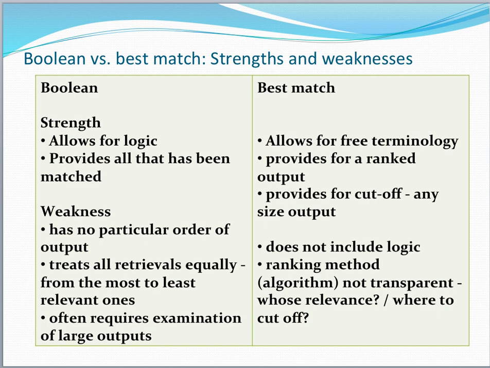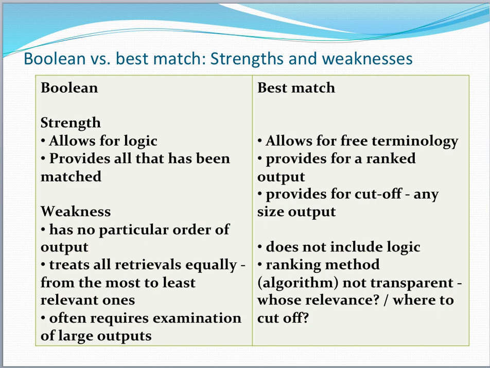And of course, if you add controlled vocabulary to your Boolean search, then you're going to be even more precise. The representations of the documents that you retrieve are going to be more relevant.